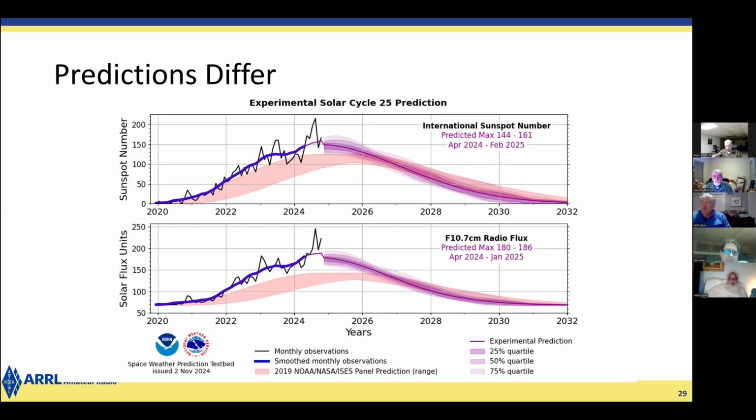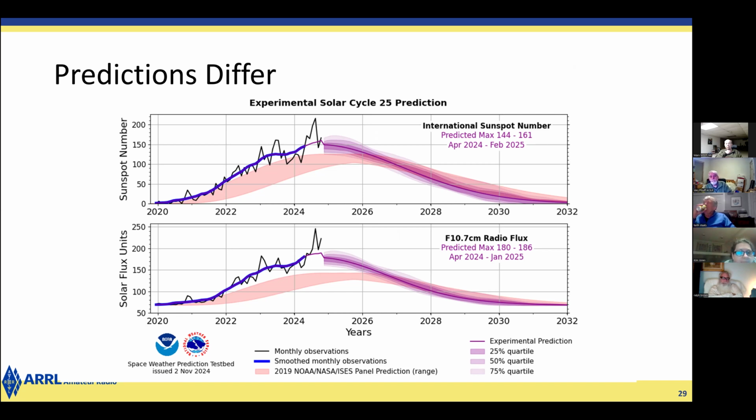And so, as a matter of fact, daily sunspot numbers, I've seen 230, 240 just in the last week, and that may not be the peak of the cycle yet. And so the predictions have been revised a couple of times. It turns out that around 2020, there was a group at the University of Colorado that said, no, this isn't going to be a lousy cycle. It's going to be one of the stronger ones. And everybody scoffed at them. It turns out they may be more right than wrong.